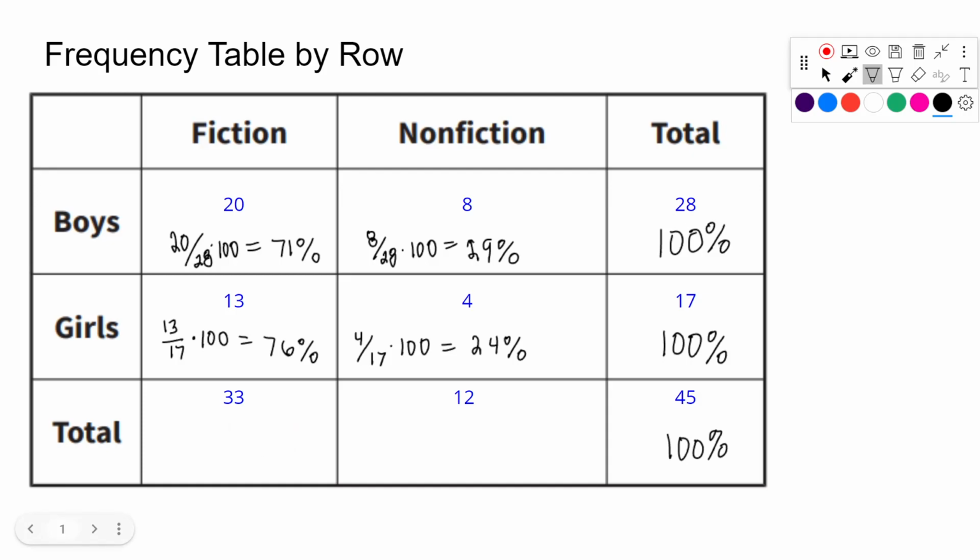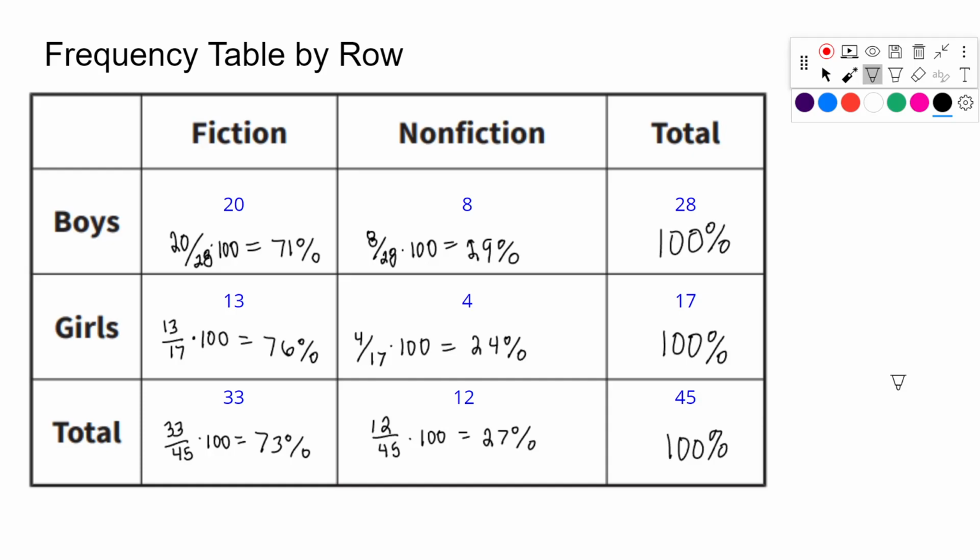So that would be 33 out of 45 times 100 is 73%. And then it would be 12 out of 45 times 100 is going to be 27%, because 100 minus 73 is 27.